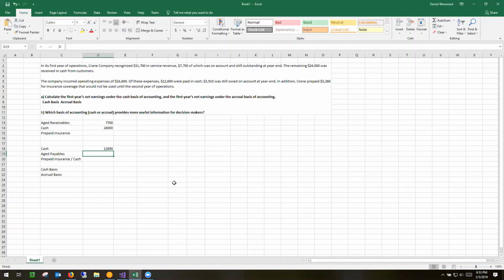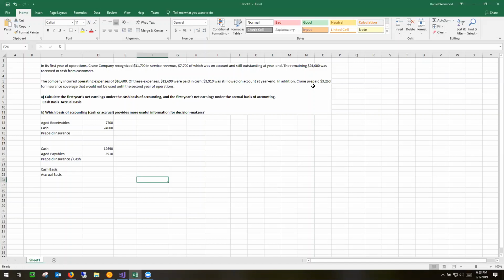So that's their aged payables, which would be $3,910. Then finally it has this little tidbit saying Crane prepaid $3,260 for insurance coverage that would not be used until the second year of operations.